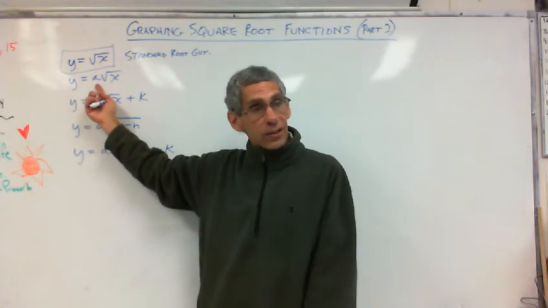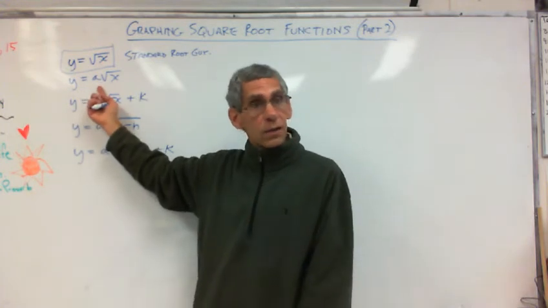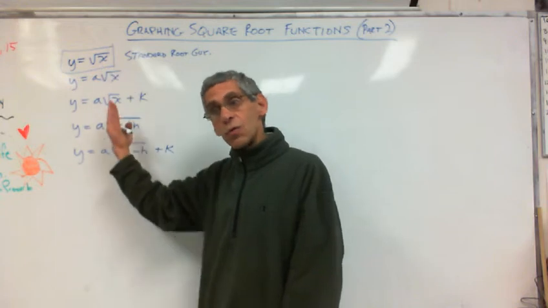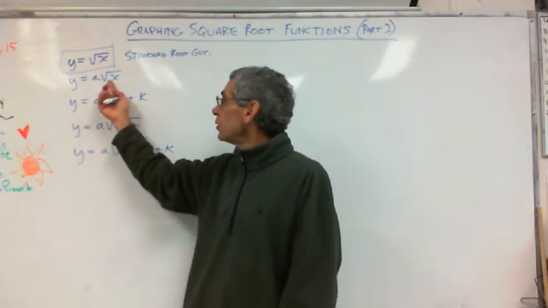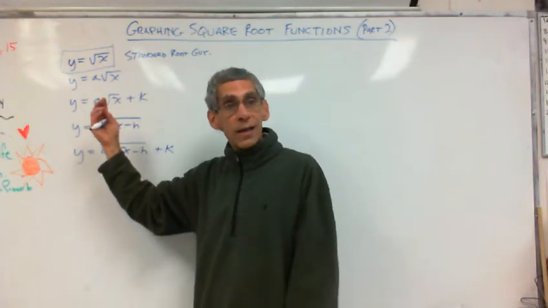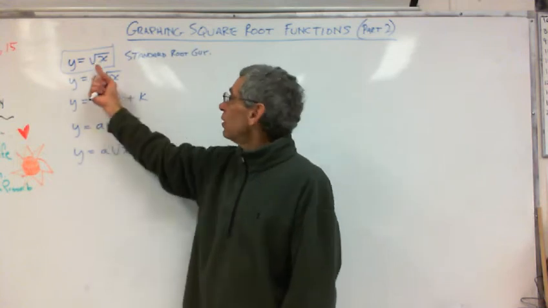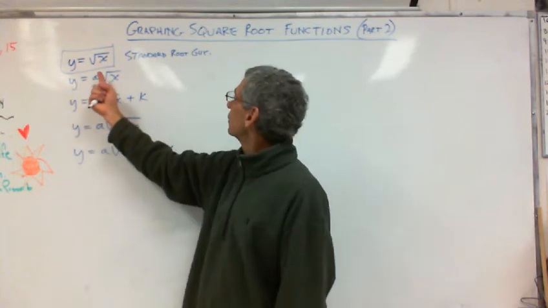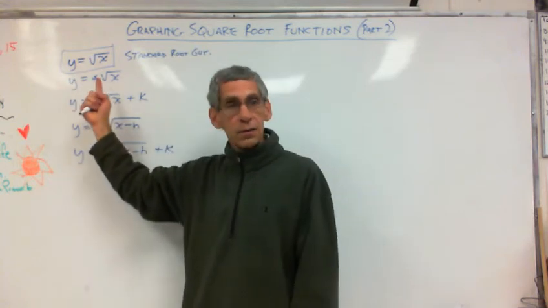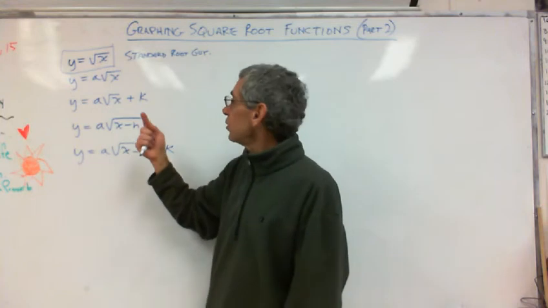If a is a fraction, less than 1, you're going to multiply it times the square root of x, and you're going to get a smaller number than you would with standard root guy, right? Does that make sense? So you guys know that.